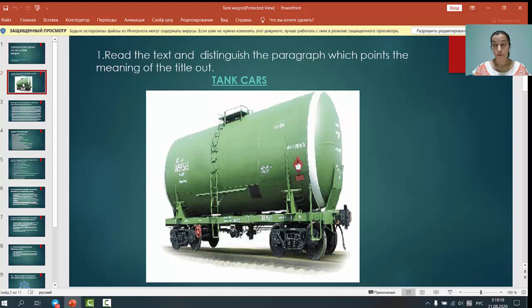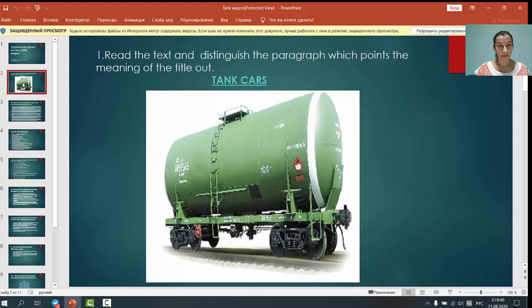It's devoted to the third course students of technical faculties of Tashkent Transport University. And well, look at your screen, please, and on the screen of your computer you can see the presentation.